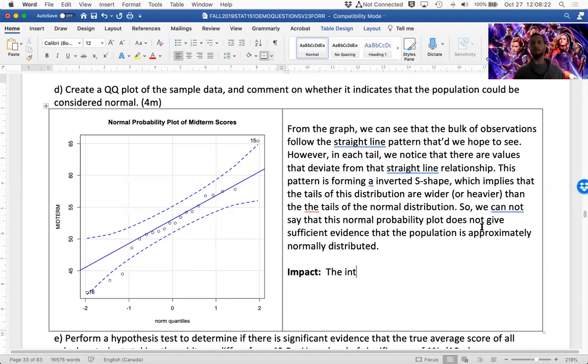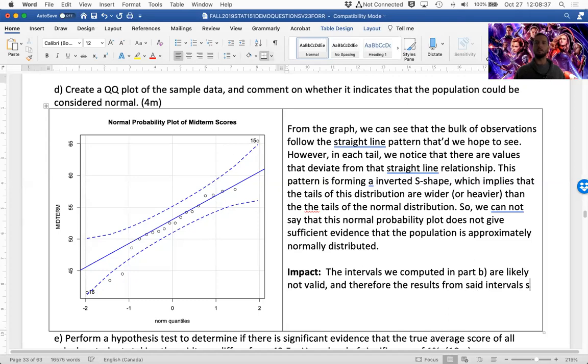The intervals we computed in part B are likely not valid, and therefore the results from said intervals should not be trusted.